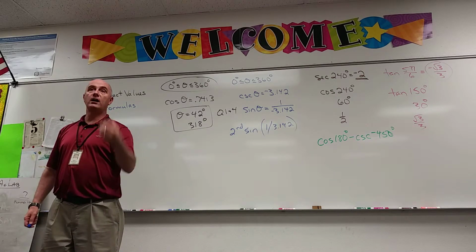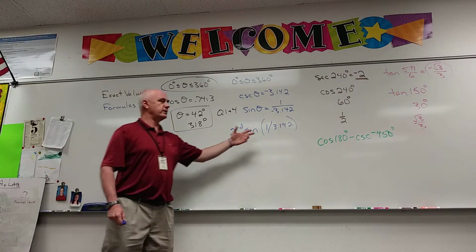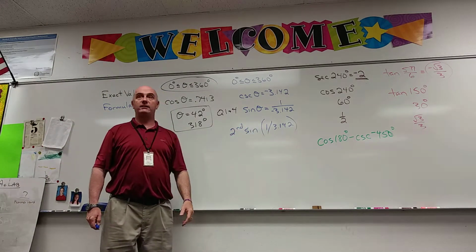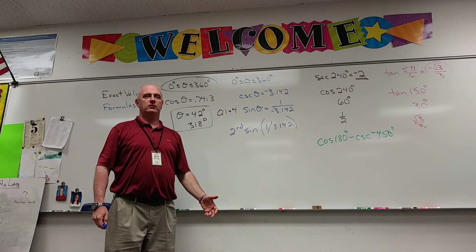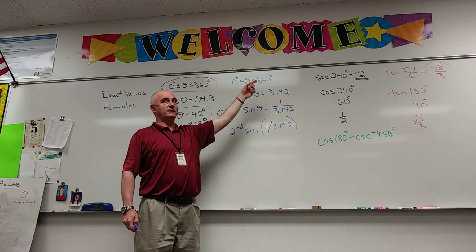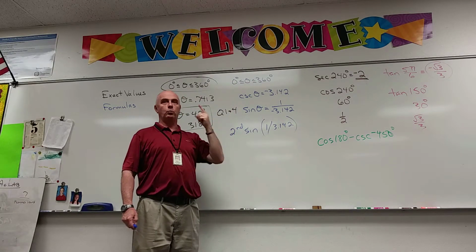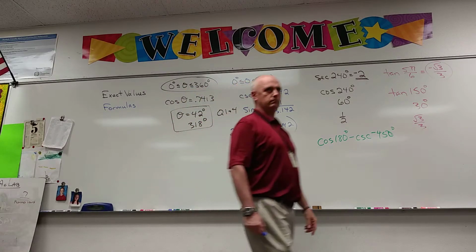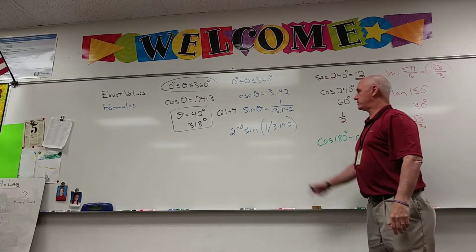Now, there are times when if we put the negative in, it would give us the right answer. But especially when we're going 0 to 360, it might give us one correct answer, but it'll never give us both. So, what should we do instead?